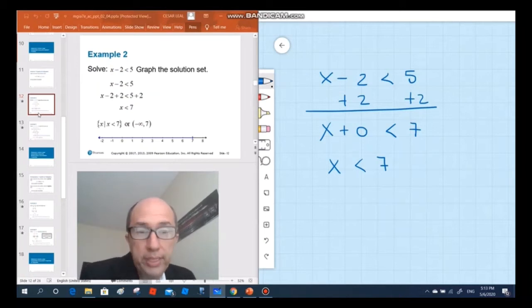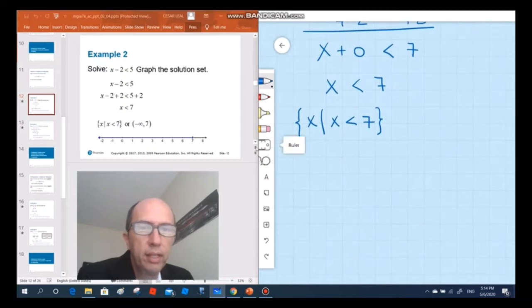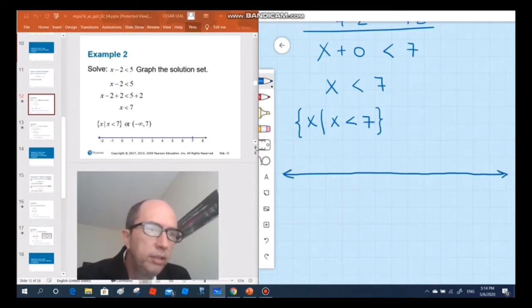To represent the solution, you can use this notation, the set x such that x less than 7. And the interval notation. Let's first do the graph notation. And here is going to be 7. 7 is not part of the solution.